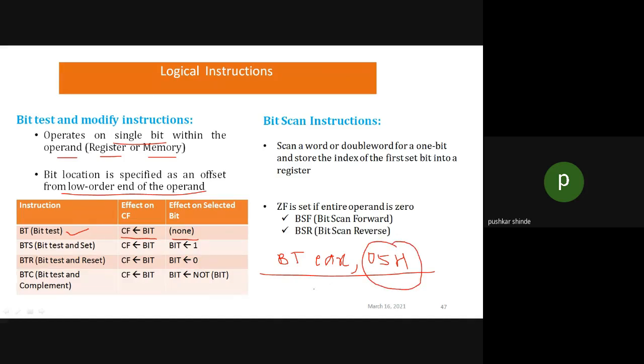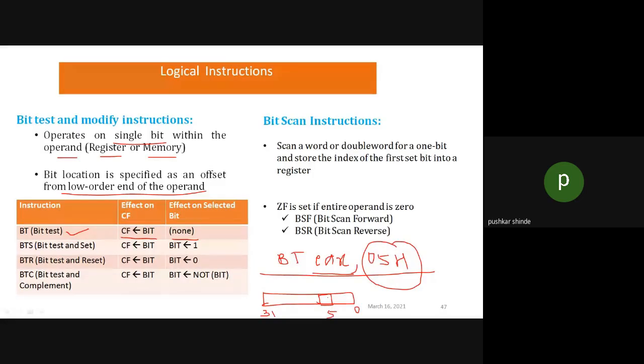So in the EAX register, bit 5 will be checked. The EAX register is a 32-bit register, so you have bit 0 to bit 31. In that, bit 5 of the EAX register will be checked.